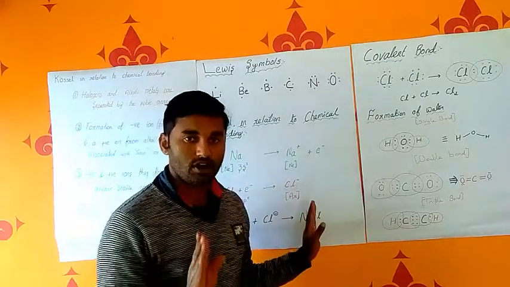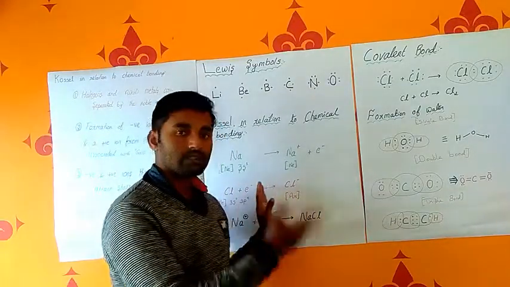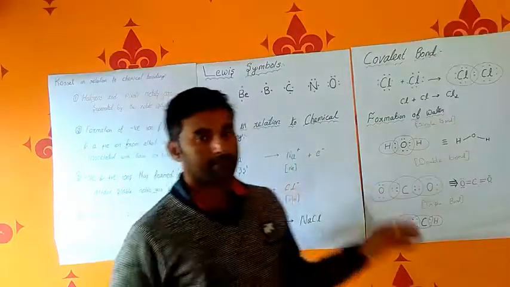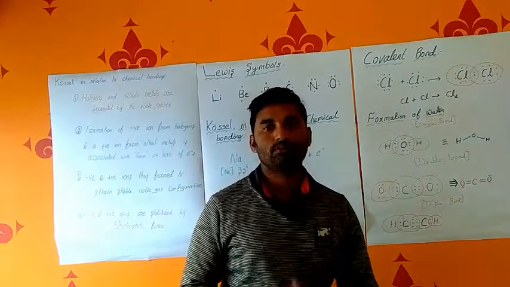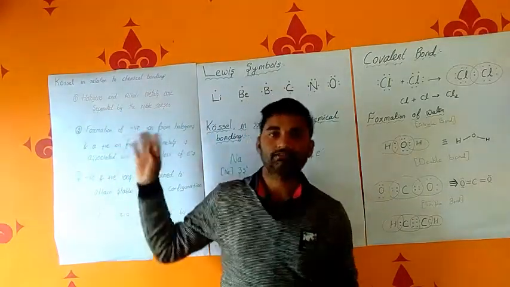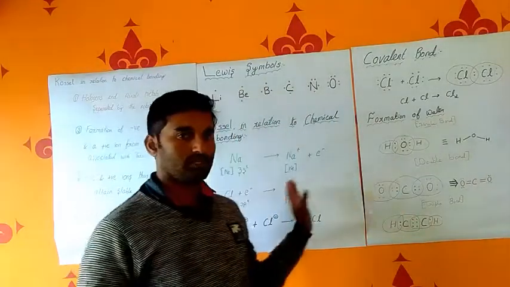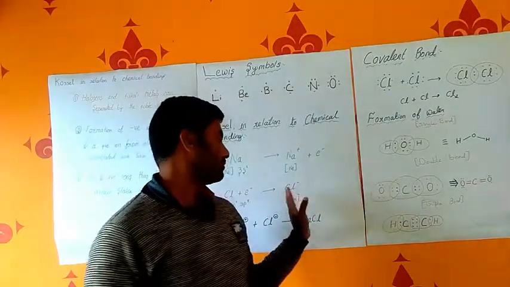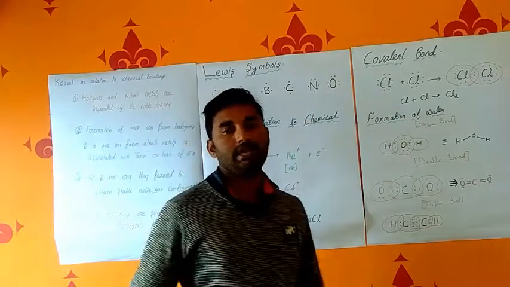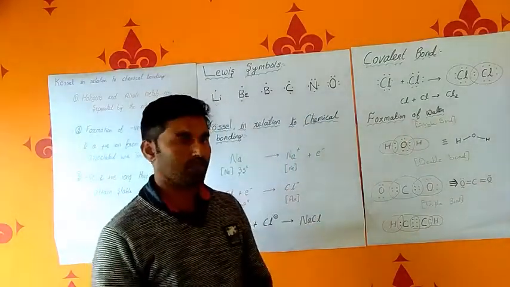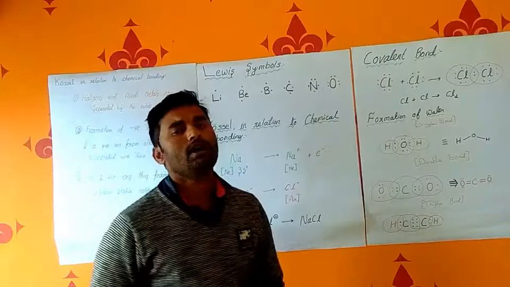This force is formed by losing or gaining of electrons. We have seen the postulates of Kossel, and also the formation of sodium chloride, which means alkali metals and halogens. Next we are going to see the covalent bond.